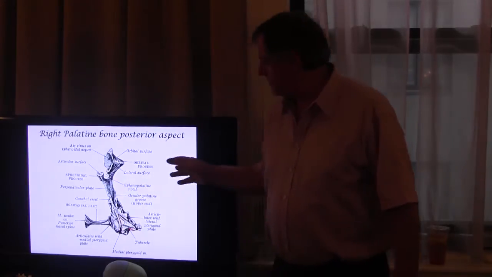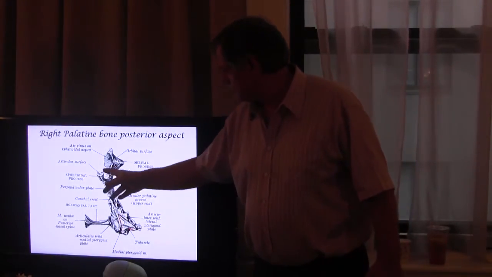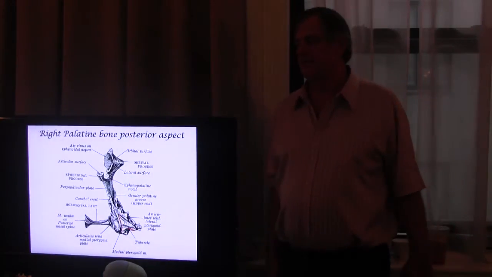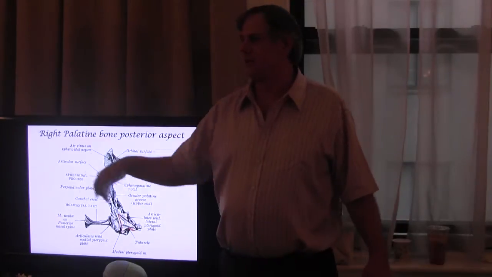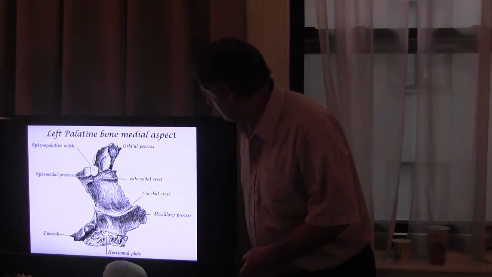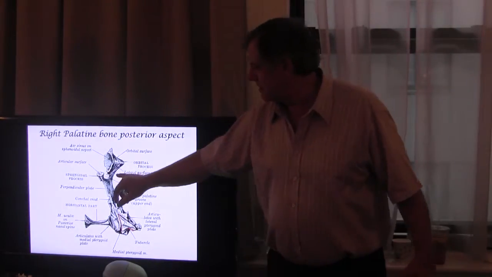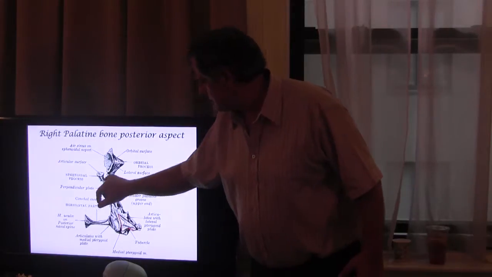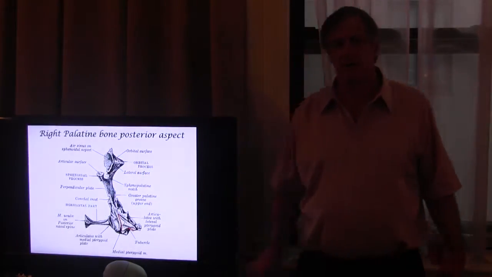Some things to mention about it. This is from Osteopathy in the Cranial Field, all these grayed out pictures. There's an orbital process here that people make a big deal of in the Cranial Academy, because the trochlear nerve goes over this little doohickey here.